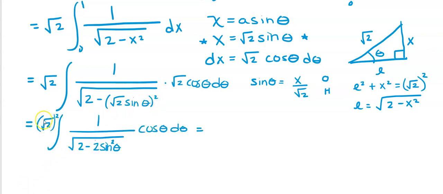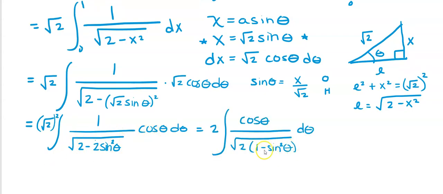So now that we've brought that square root of 2 up to the front and squared in the denominator, we're going to pull out the common 2 in the denominator, factor out that 2, and put the cosine up in the numerator. Now that we've done that, we can use the Pythagorean identities to see that 1 minus sine squared of theta is cosine squared.